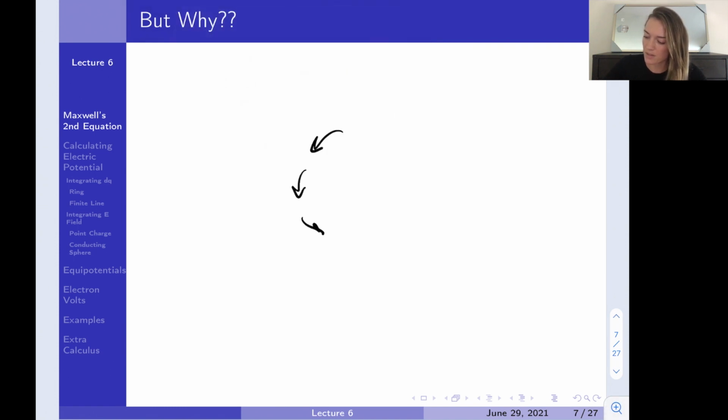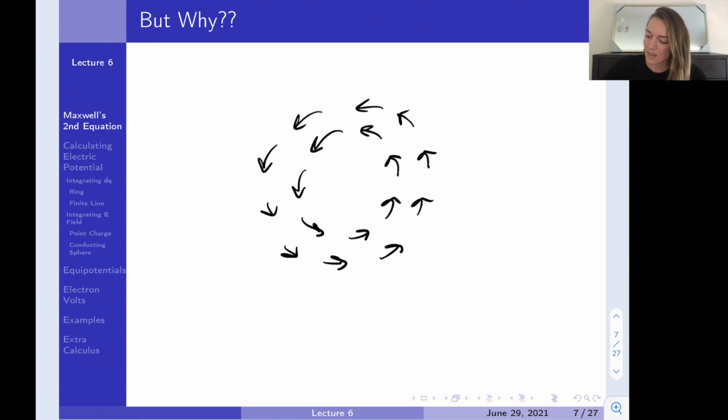So let's say we have some vector field that has a rotation. And just pretend it rotates like this, all the way out to infinity. And I want to do a line integral around a closed loop. Let's just do some random vector field.